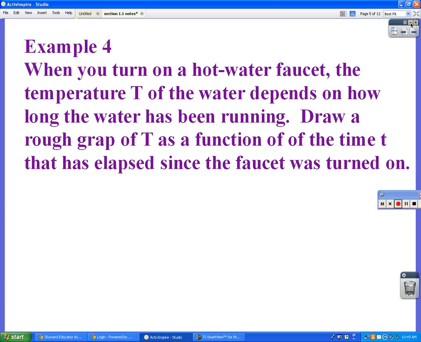Draw a rough graph of T, the temperature, as a function of the time t that has elapsed since the faucet was turned on. A rough graph? Yeah, draw a rough graph.